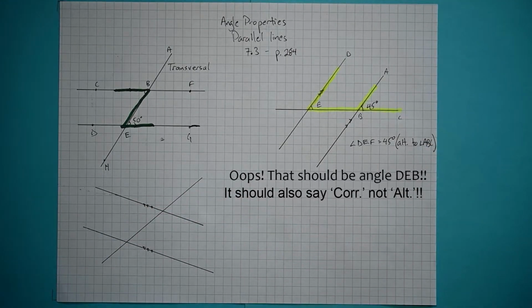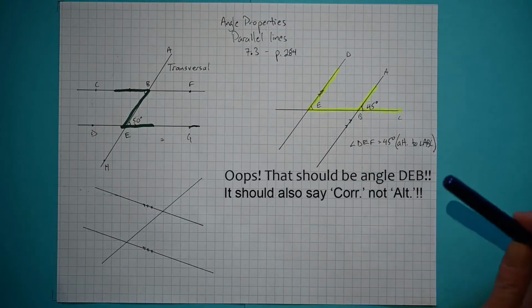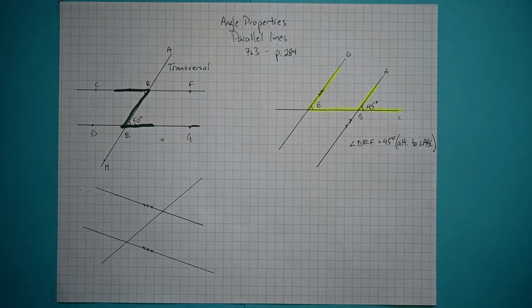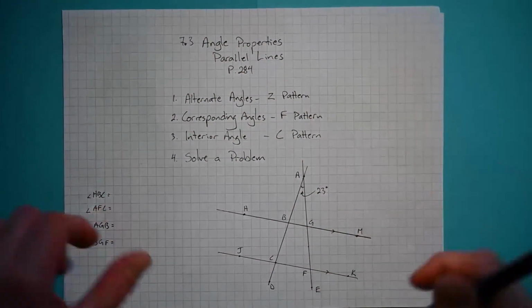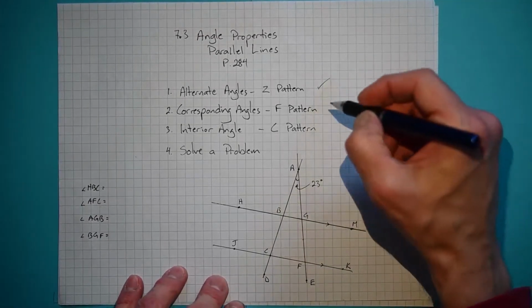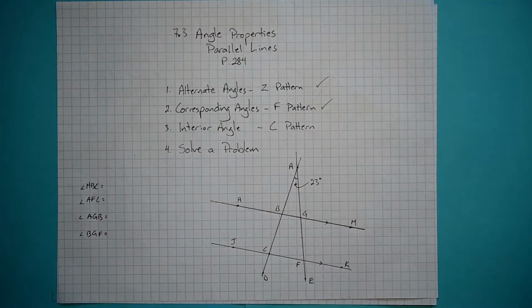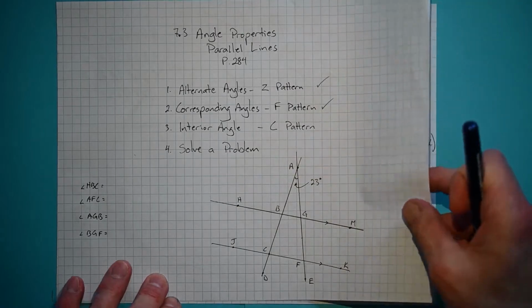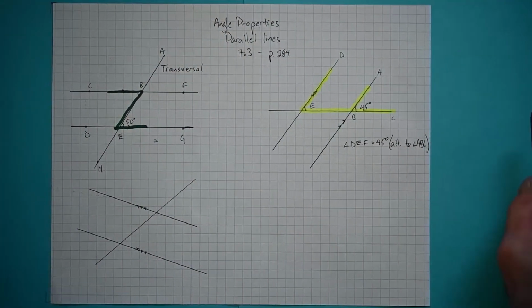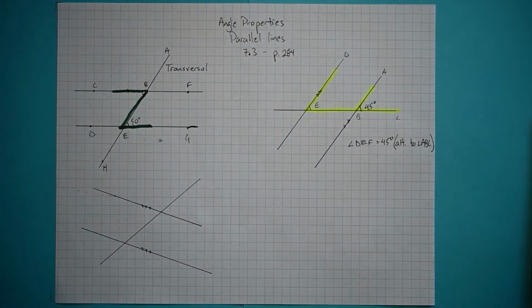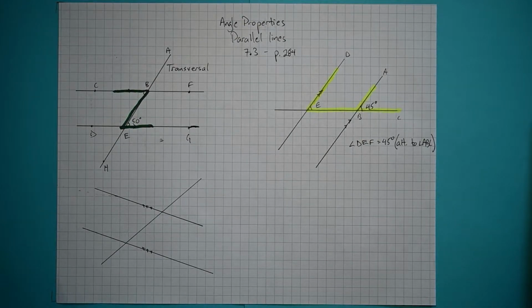Okay. We have one more relationship to look at. On our original list here, we've already checked off Z pattern and F pattern, alternate and corresponding. So that brings us to interior angles, sometimes called the C pattern. And I'll try to point that one out to you right now.